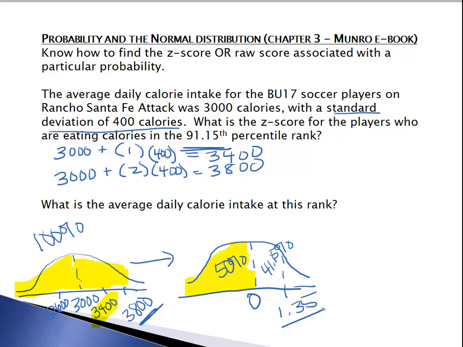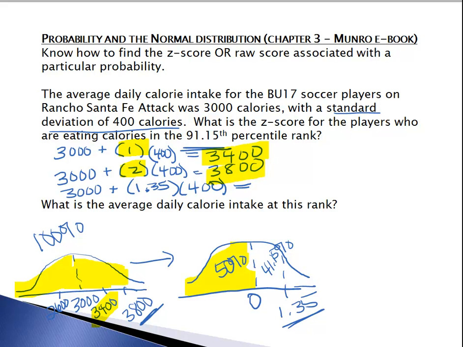Now, if I have 1.35 standard deviations from the mean, I know it's going to be between 1 and 2 standard deviations. So it's going to be between these two numbers. And I just do the same type of thing. I say, okay, 3,000 plus 1.35 times the 400. I get out my calculator because I don't know what 1.35 times 400 is.